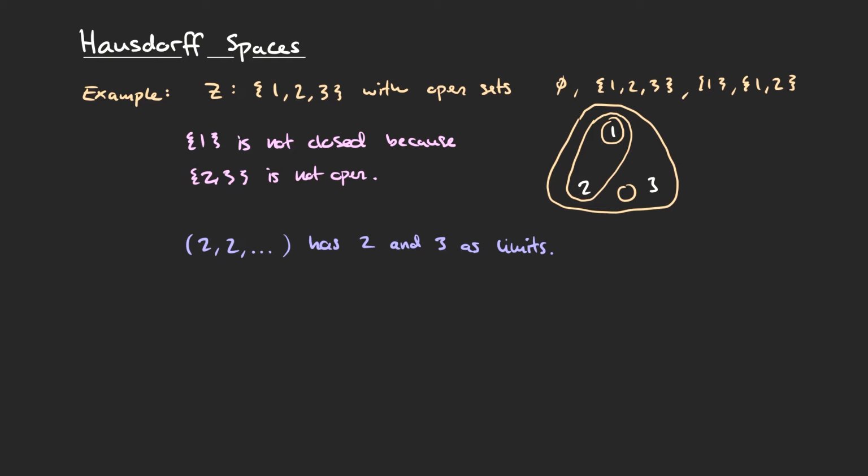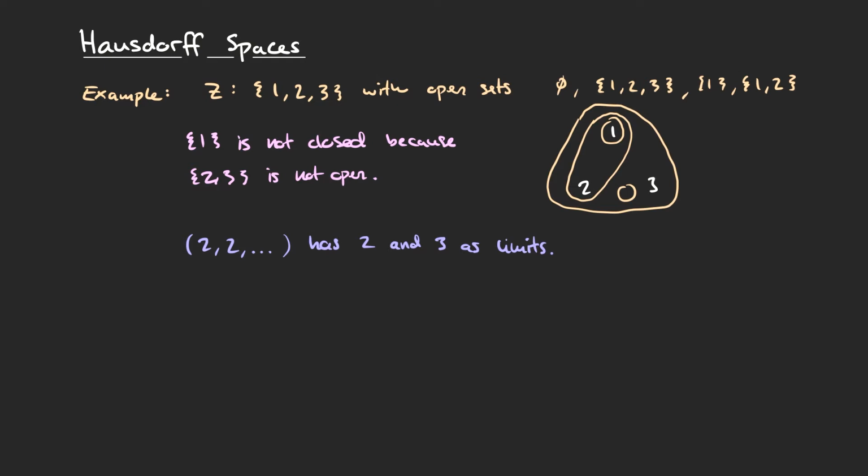So what's going wrong here is that for convergence and limits, we're trying to use open neighborhoods around points in order to describe the behavior of these sequences. However, in the case of our space, there is only one open neighborhood around the point 3, namely the entire space.